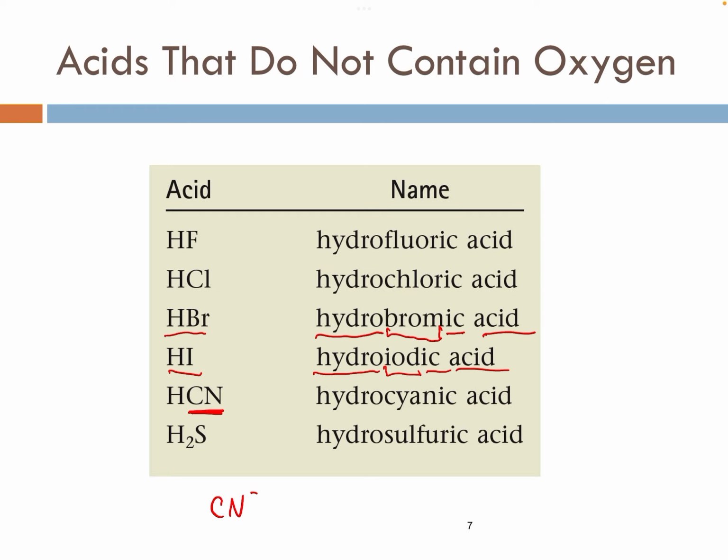CN with a -1 charge, that's cyanide. That's your polyatomic ion there. And when you stick a hydrogen in it, it becomes an acid. So we have hydrocyanic acid. Again, that pattern of hydro and then ic acid. We take off the ending of cyanide and just say cyanic acid, and hydrosulfuric acid that we saw before. So that's the traditional way of naming acids that do not contain oxygen.